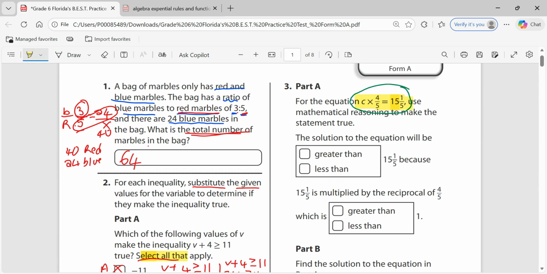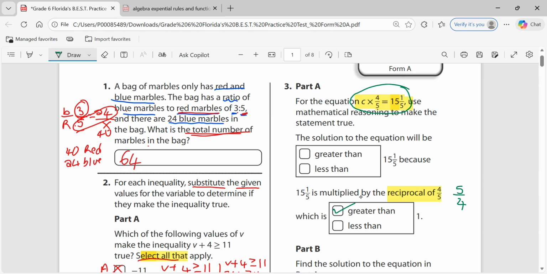That's important. The solution to the equation here will be greater than or less than 15 and 1/5, because 15 and 1/5 is multiplied by the reciprocal of 4/5. The reciprocal of 4/5 would be 5/4, which is greater than or less than 1?